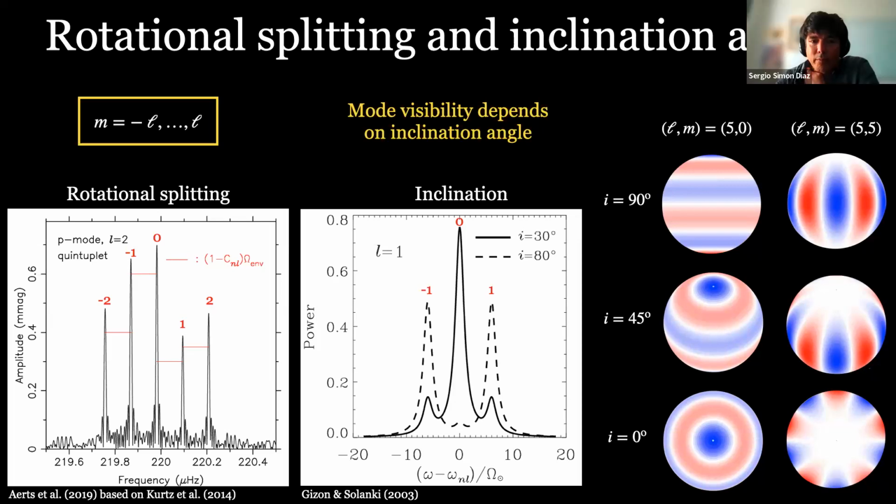It's easier when you can see the actual frequency-split modes. For the SPB stars in my sample, there are only 2 where you can really see that frequency splitting. Even though we say fast rotating or slowly rotating, it's really only 2 of them that are really slowly rotating in the sample, where you can easily see this kind of frequency splitting.